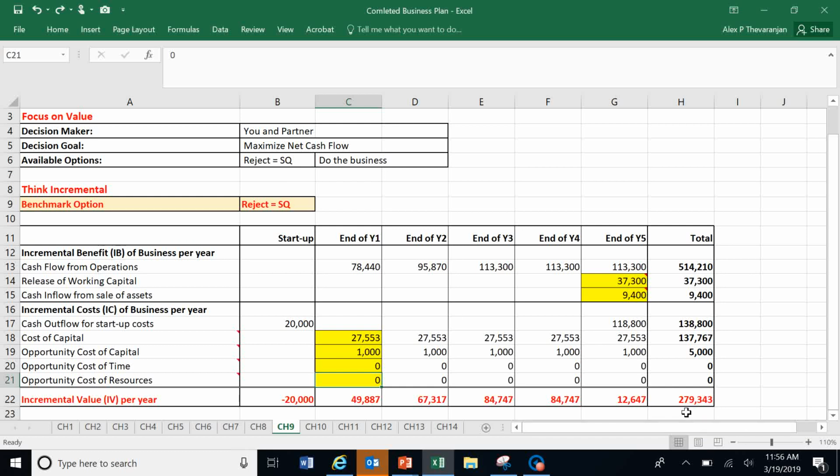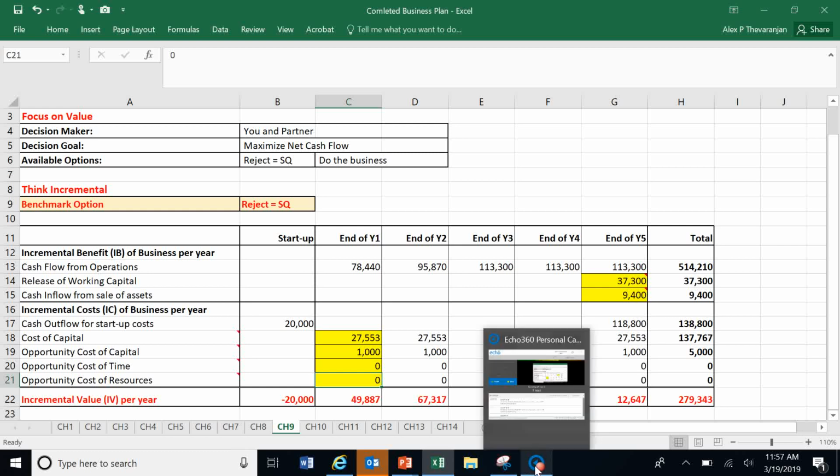So in addition to long-term happiness, you're going to make so much more money over the 5 years. If it's roughly 300,000 and you divide by 5, it's 60,000. Divide by the 2, and each of you is getting an additional 30,000 in addition to long-term happiness. So it seems like a good deal. Okay, I hope this helps.